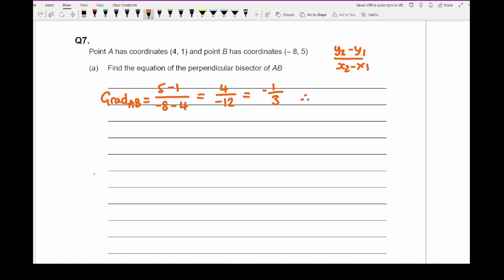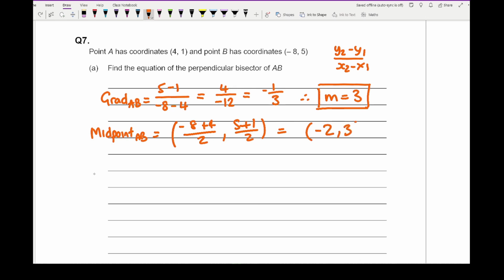Now from this, we establish that the gradient of the perpendicular bisector is going to be minus 1 divided by minus 1/3, which gives me an answer of 3. Then we need to find the midpoint of AB, so we do minus 8 plus 4 over 2 to find the x ordinate, and 5 plus 1 over 2 to find the y ordinate, which gives me a coordinate of minus 2, 3.